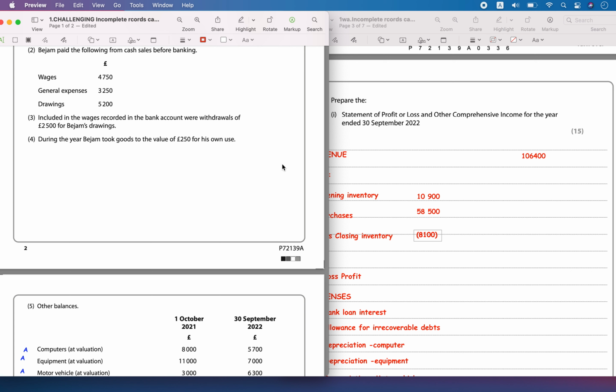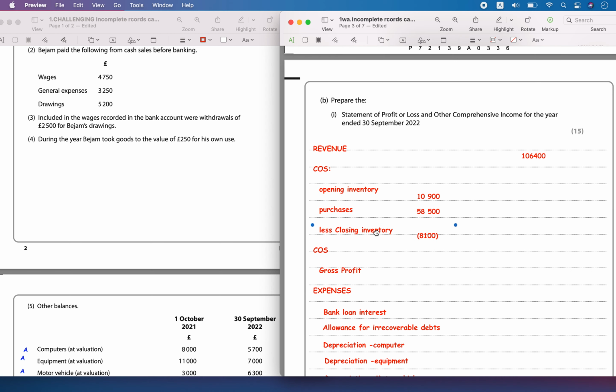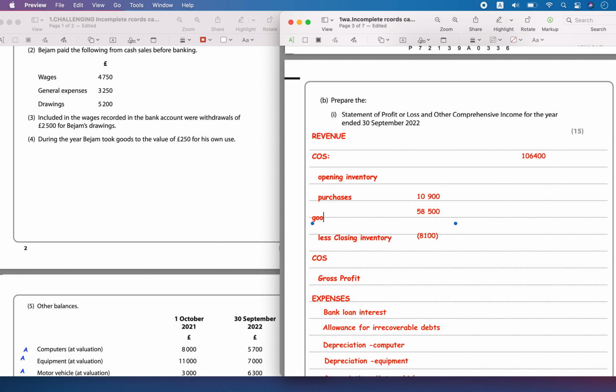So we have to subtract goods which were taken by the owner. We will have to include goods drawn for own use, which will be equal to 250. So that also we have to subtract.